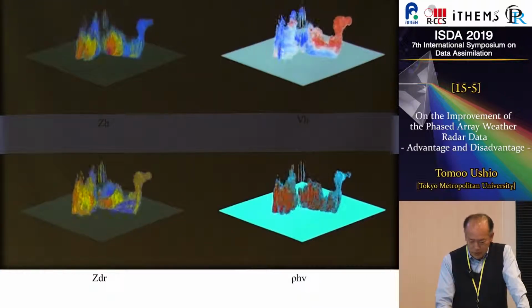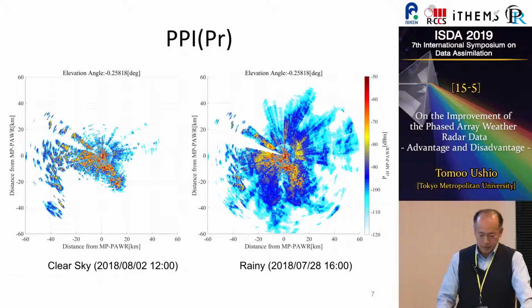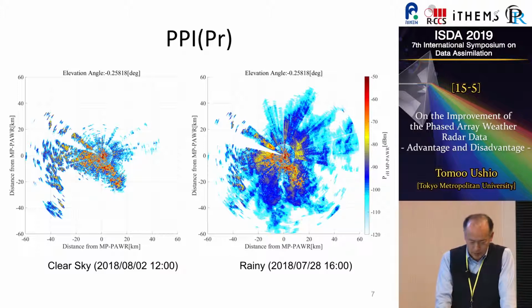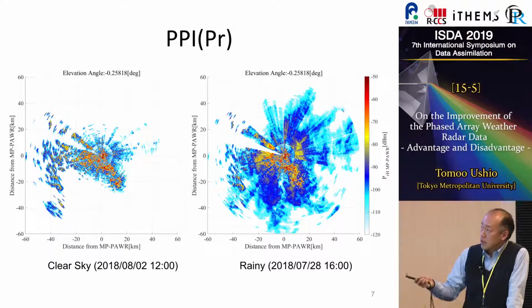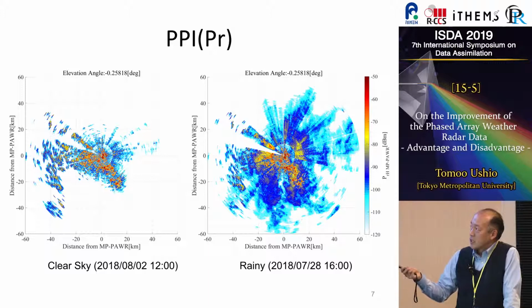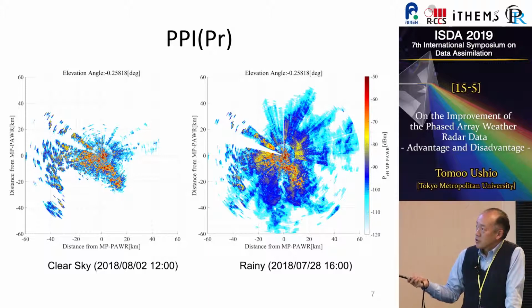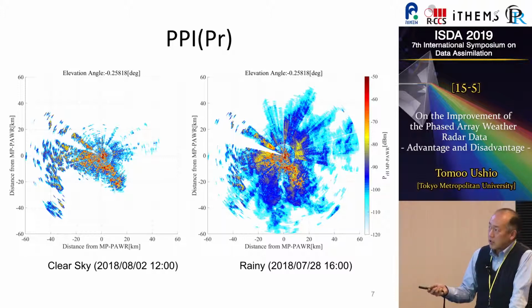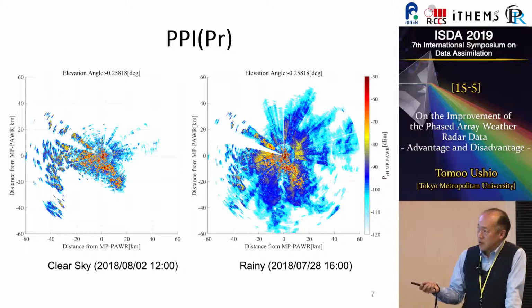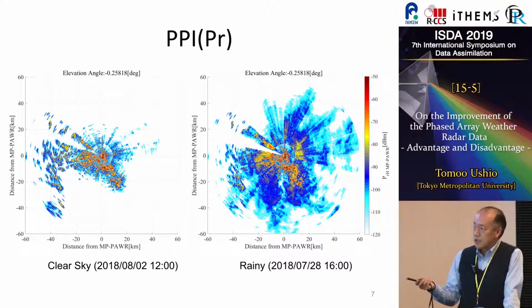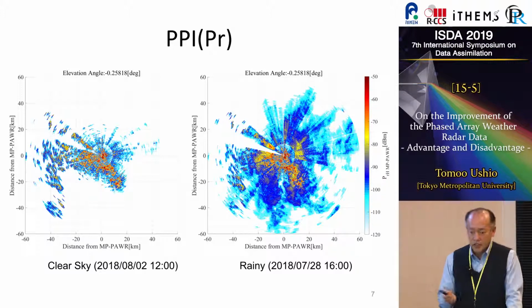However, we have some problems with this radar system. If you look here, the left one is under clear sky conditions, and the right one is under rainy conditions. Here you can see some very scattered and very strong ground clutter, which basically comes from the tall buildings in the Tokyo or Osaka downtown area.